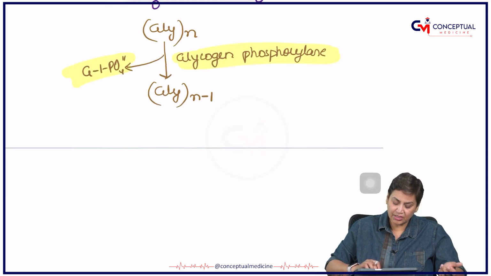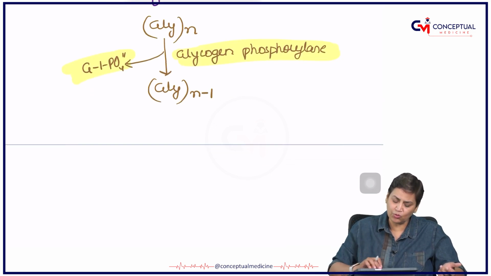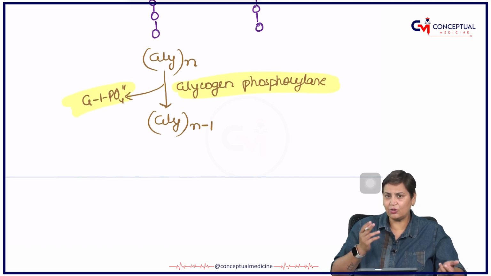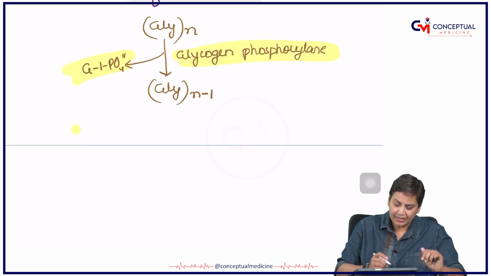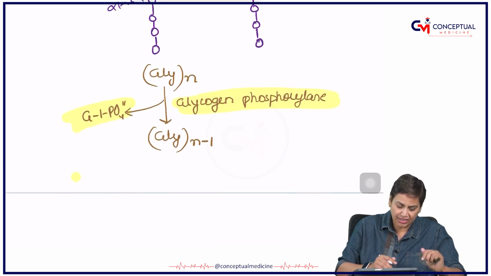Now once this glycogen releases one molecule of glucose, the reaction will keep on going. Now the second step, I told you it occurs only in 2 steps, is simply the debranching enzyme.